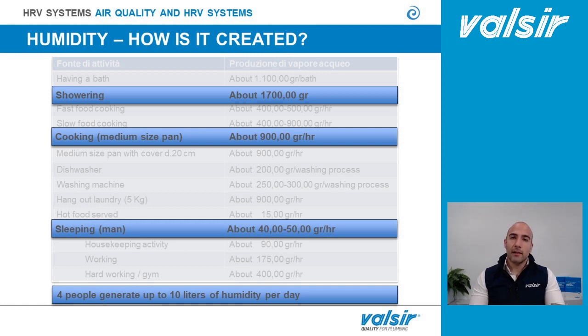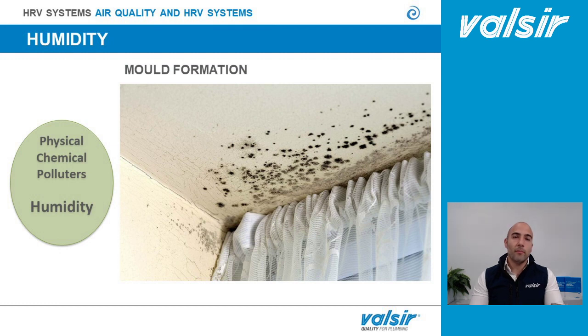The first after effect of not getting rid of humidity is mold formation. That is generally found where thermal bridges are. A thermal bridge is an area or component of an object which has higher thermal conductivity than the surrounding materials.